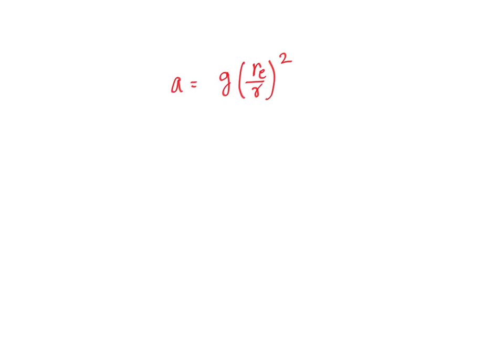Now let's quickly analyze a few things about this formula. If R is equal to RE, that means we are on the surface of the Earth, and that means A will be equal to g, which we can check in the formula also. If I put R as RE, the RE will get cancelled out and we will get 1.